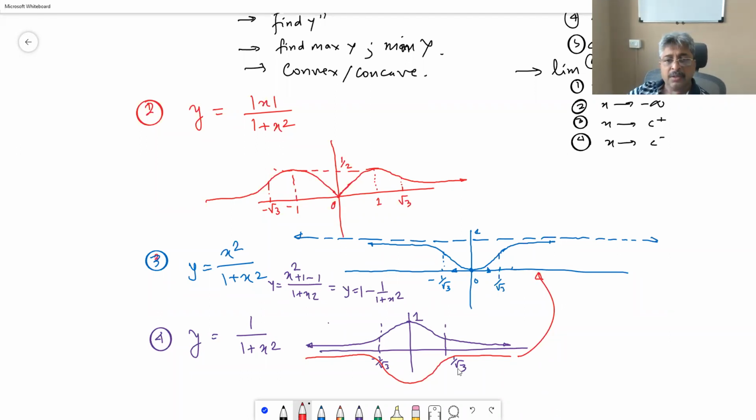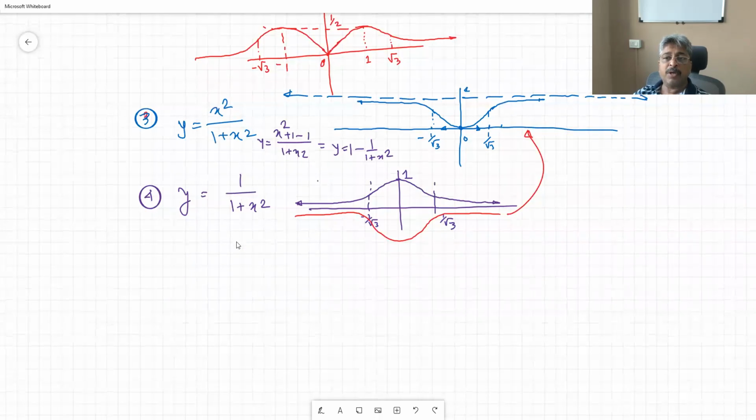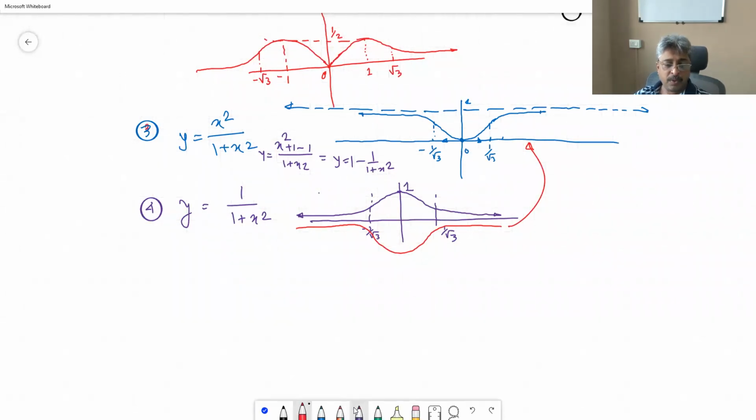Okay. So there is a similarity in the graphs that we are drawing today. It's a linear upon quadratic or quadratic upon quadratic or constant upon quadratic. That is what we have done. Now, the first graph was x upon 1 plus x square. Actually, I have not tried this and therefore I would like to give it to you.